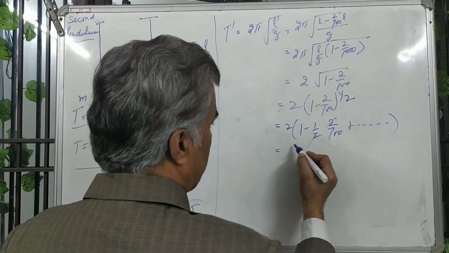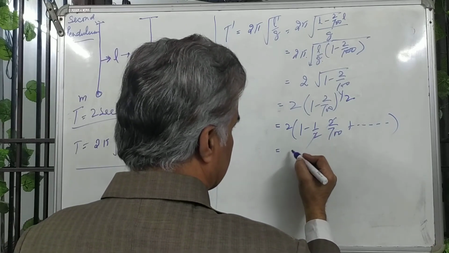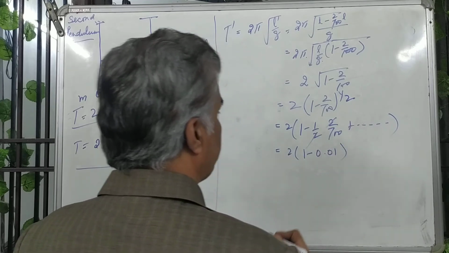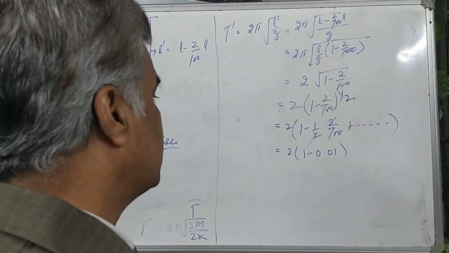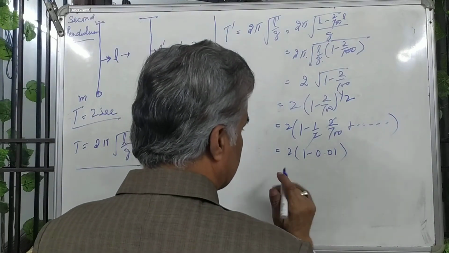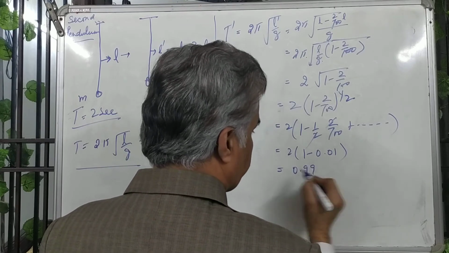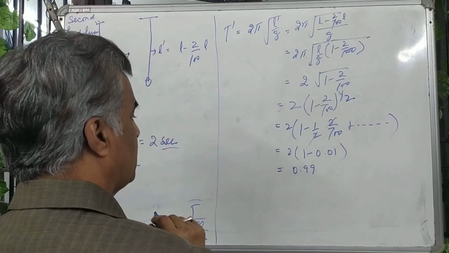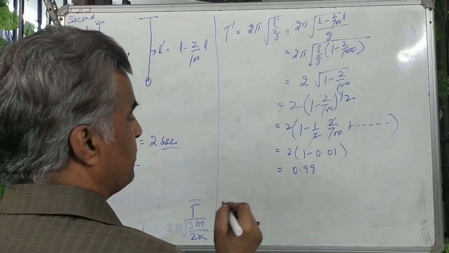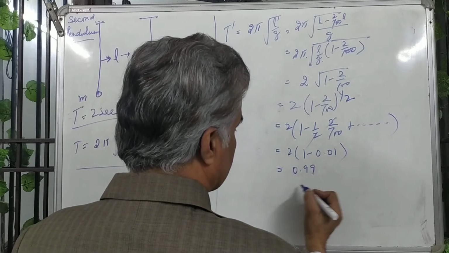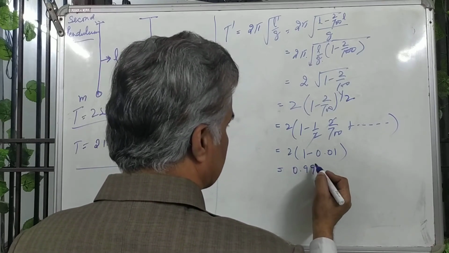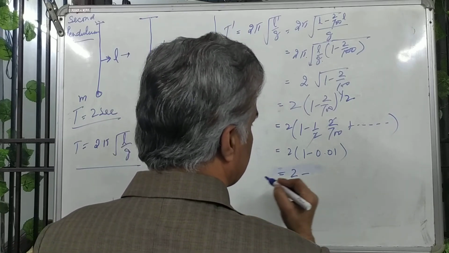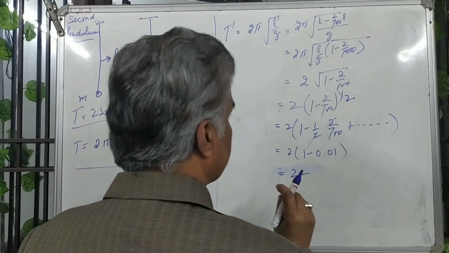On simplification, this is 2 times 1 minus 0.01, that is 1%. On further simplification, it is 0.99, and this implies 2 minus the reduction.